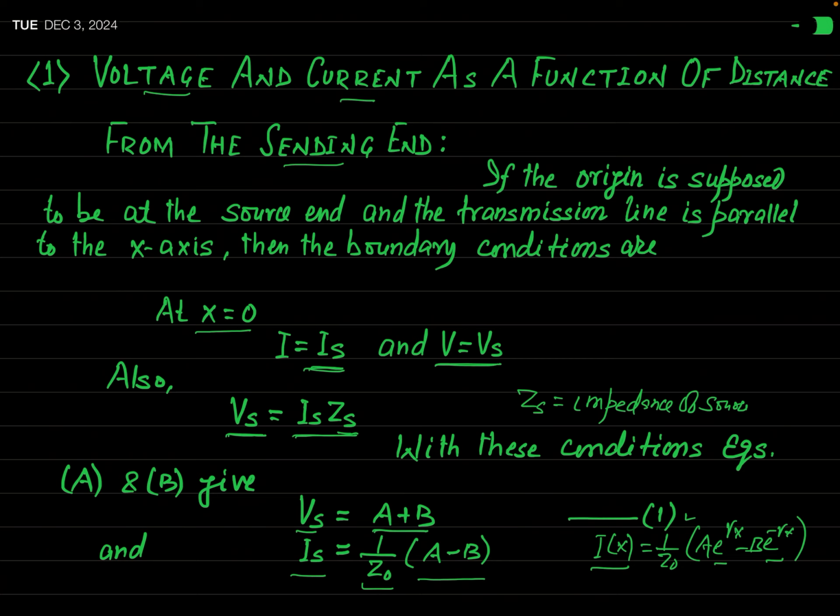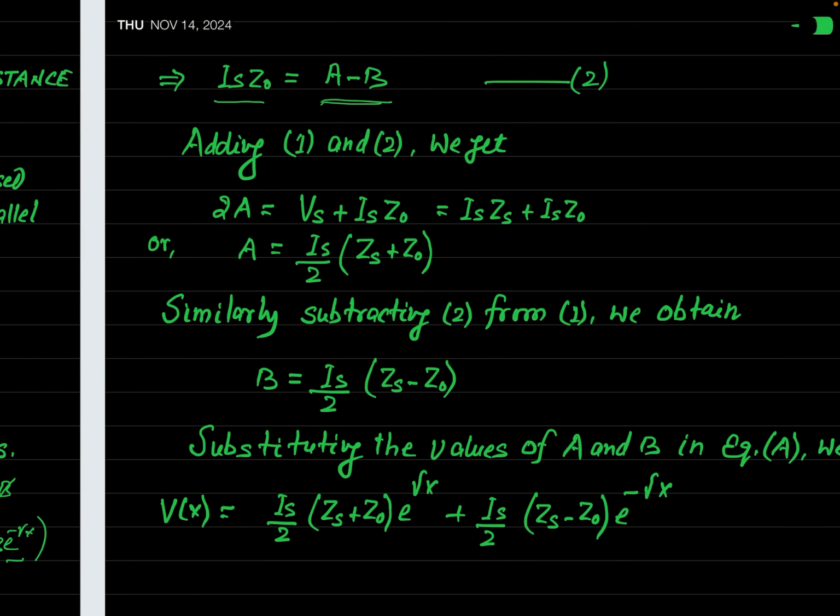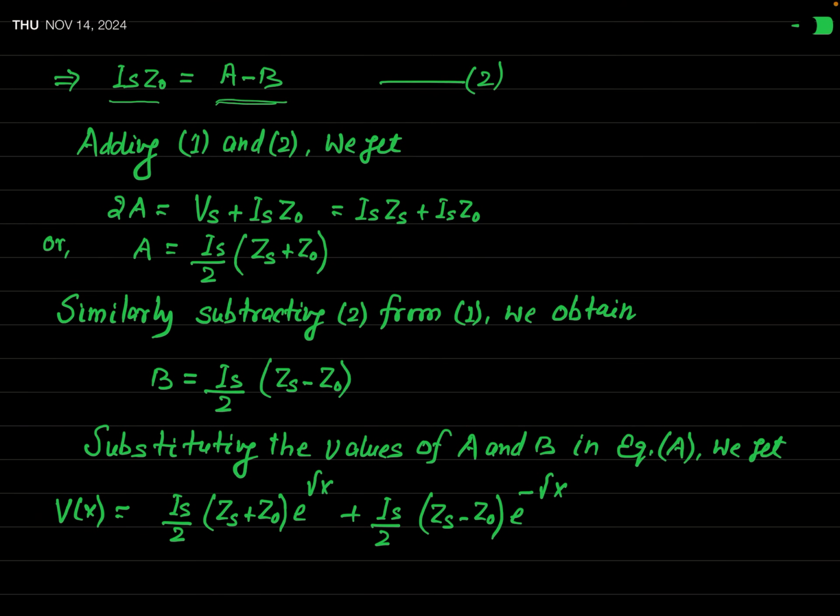So if your aim is to find A and B, what will you do? The algebra is very simple. When we add equation 1 and 2, first of all see the RHS. When you add A plus B plus A minus B, this B will cancel out, and the sum will be 2A. And in the LHS there will be Vs plus Is times Z0.